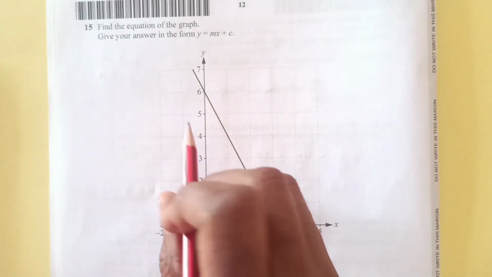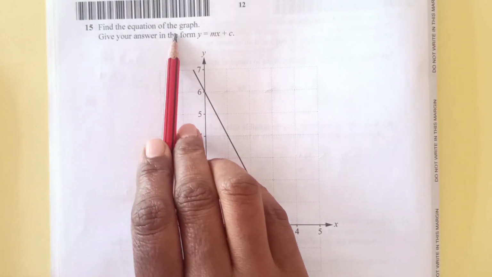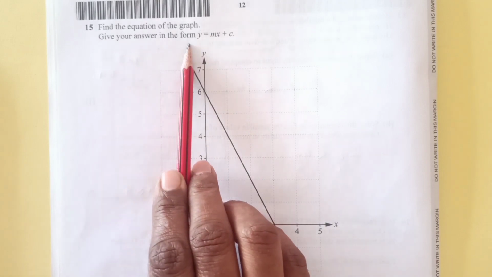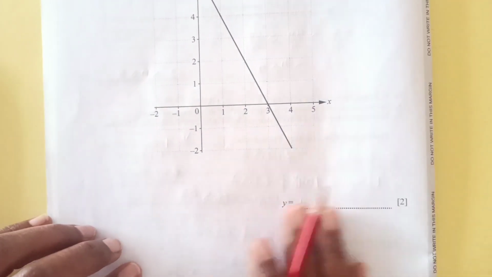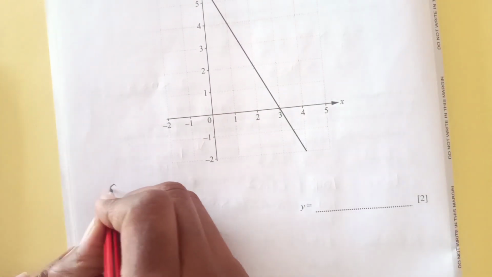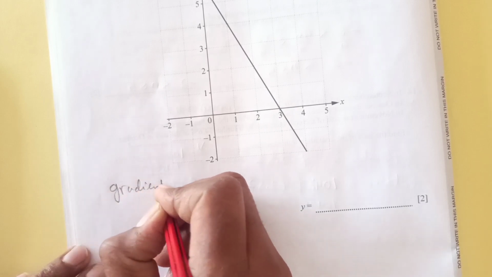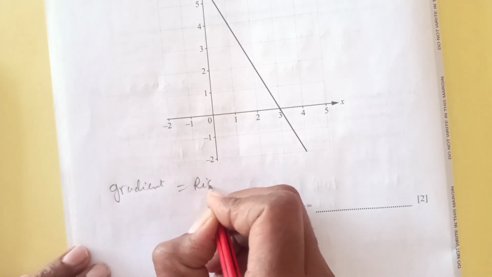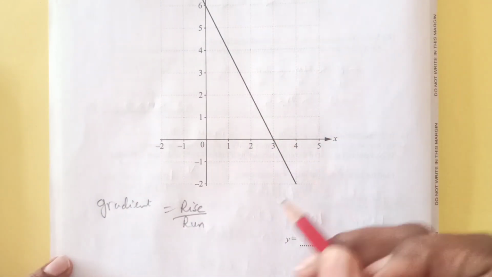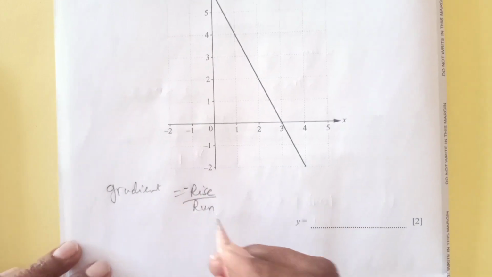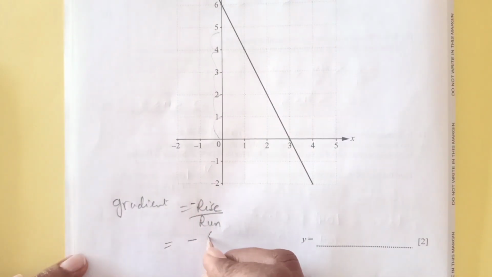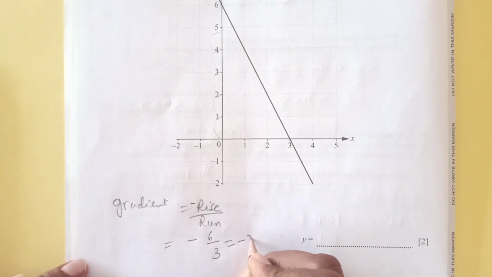Question number 15. Find the equation of the graph. Give your answer in the form y equals mx plus c. So now we are going to take the gradient. The gradient is rise over run, right? But now the line is going downward, so that will be negative, right? Negative of rise over run. So rise is 1 2 3 4 5 6, over run is 3 minus 2, right?